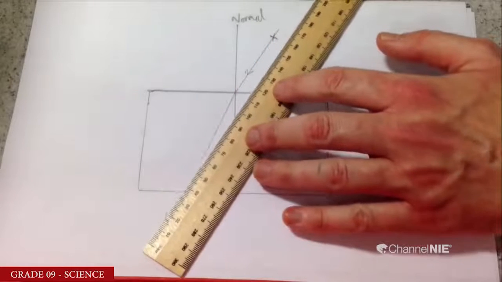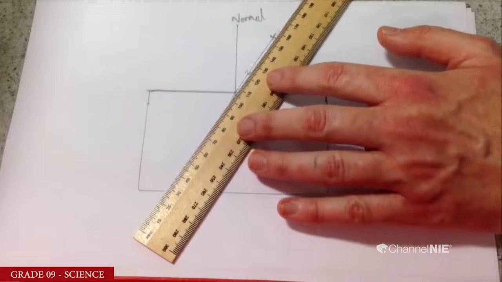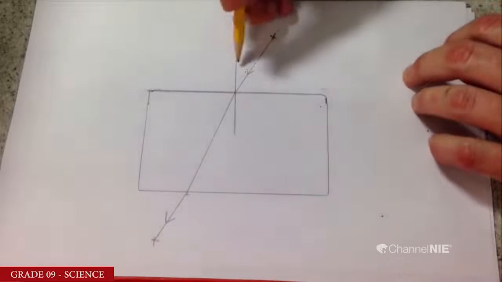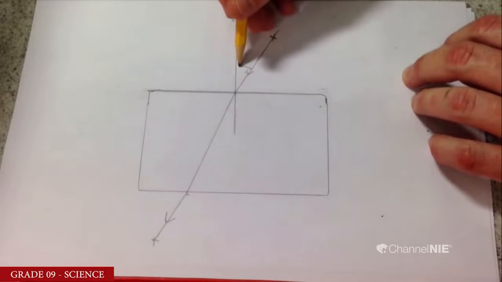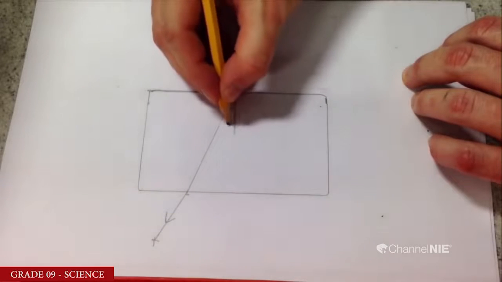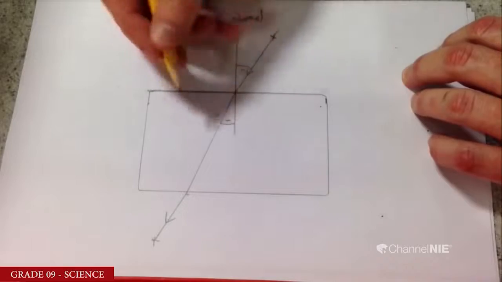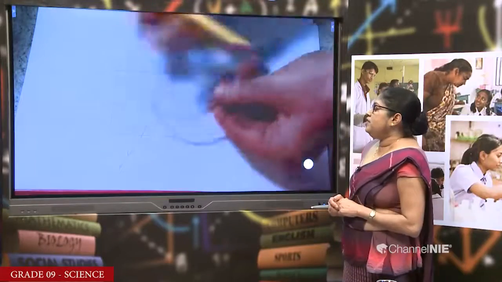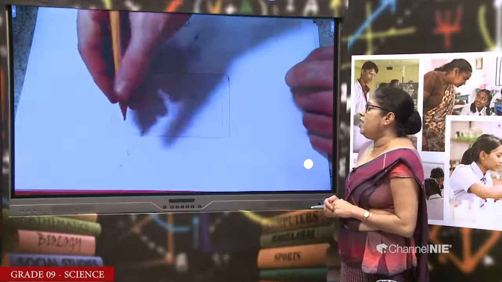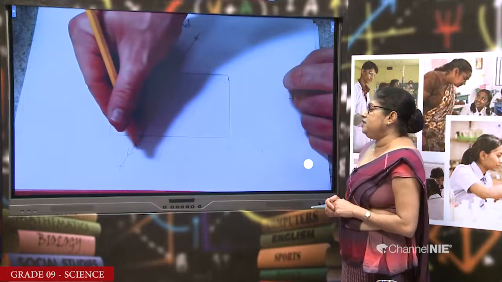Then you can connect the 2 points in the middle of the glass block. Observe that the incident ray and the emergent ray are parallel, but the refracted ray is bending towards the normal. So, this is the ray diagram you obtained by doing this activity.